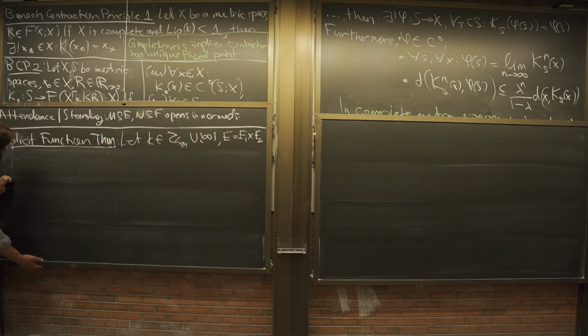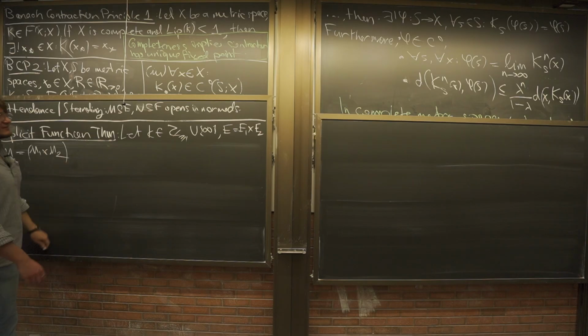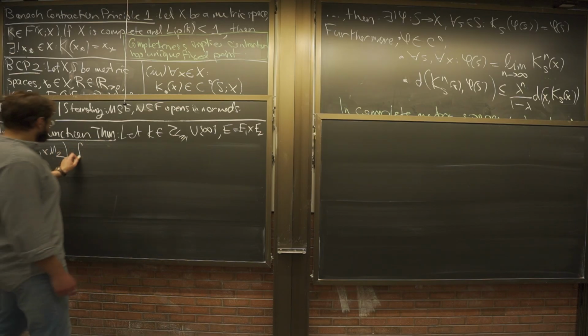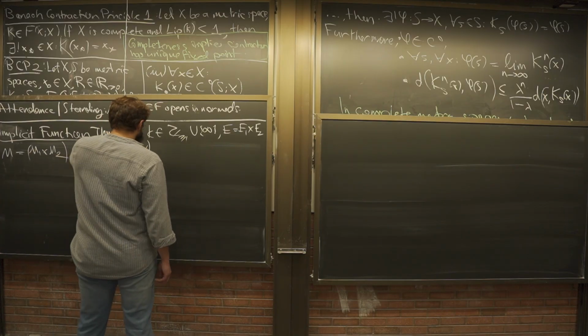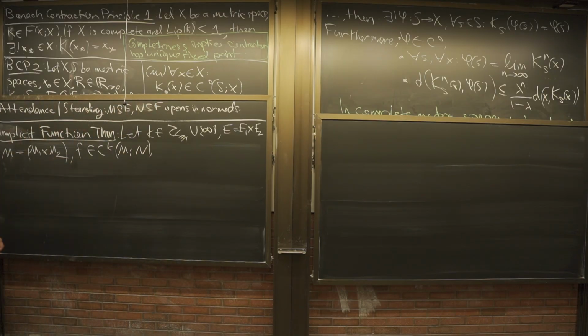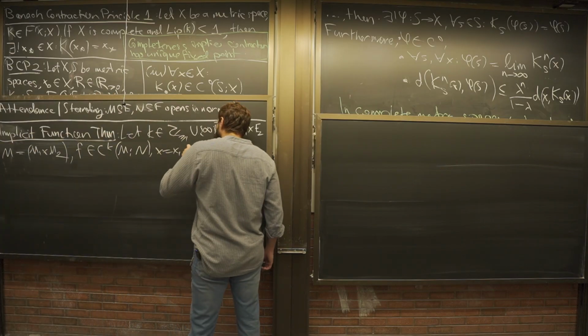M, let's say, is a product neighborhood or product open set. Let F be a C^k function from M to N, and let x be an input point, so a point in M.